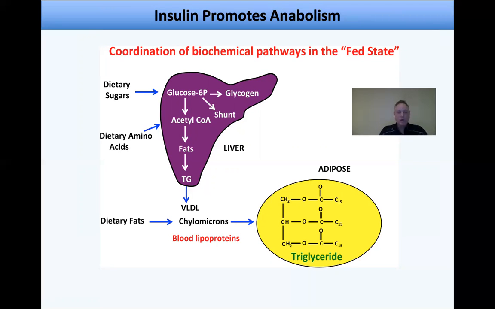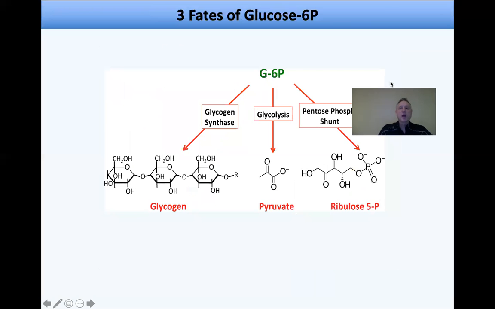In order to transport them to recipient tissues like adipose, what you have to do is solubilize them and have a way to move them around. Dietary fats that you consume, like through cheese, are actually made into chylomicrons, and the chylomicrons are generated in the intestine, and these blood lipoproteins will be transported to adipose tissue for storage as triglycerides. We'll see more about that in a minute.